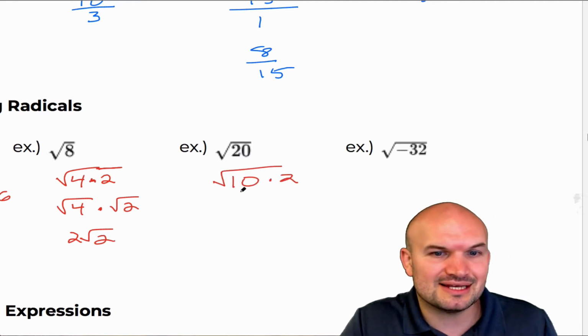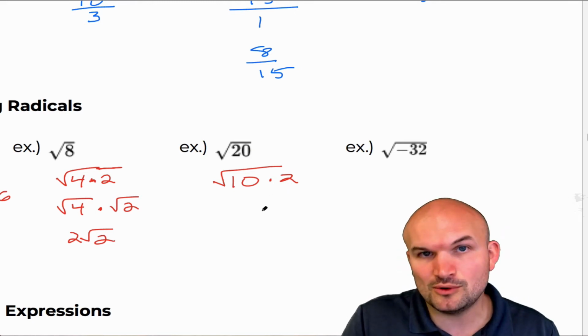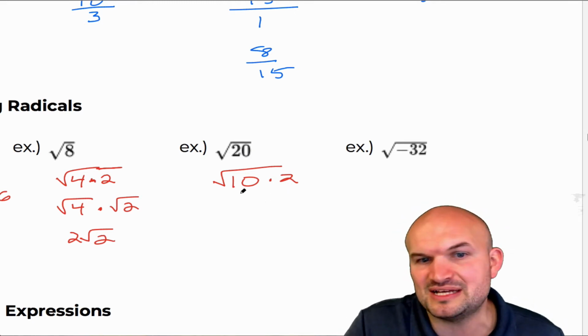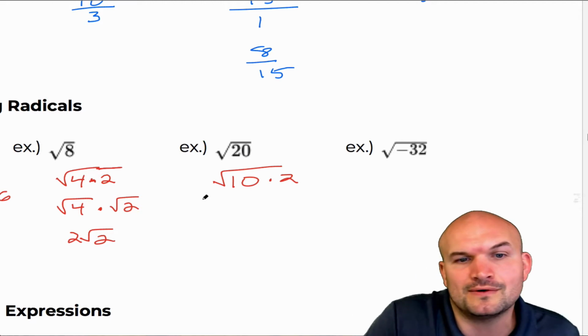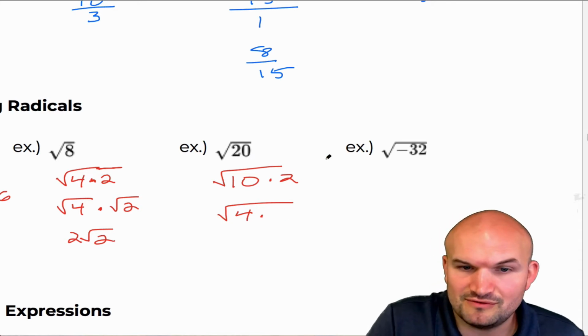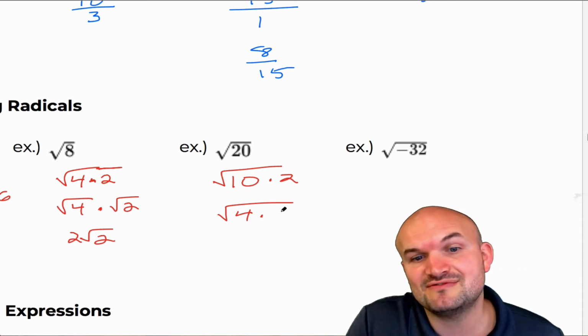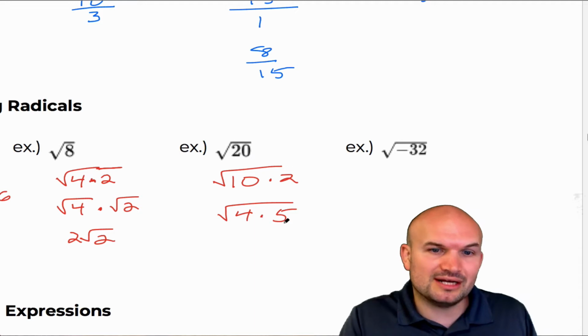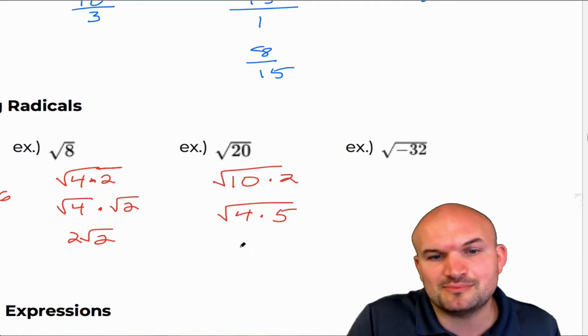Well, the problem is 10 and 2 are not square numbers. So that's not going to be my best way to simplify this radical. However, I could break this up into square root of 4 times 5. Now, breaking up this way, again, you could see we're going to follow the same process. So that's going to be 2 square root of 5.